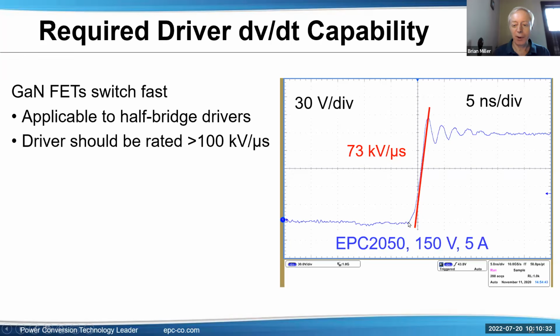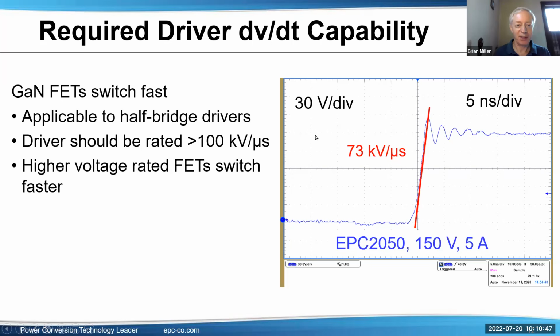Here's an example waveform with one of EPC's Gen 5, one of our newer FETs, showing 73 kilovolts per microsecond. So this isn't just theoretical, you really can switch these very fast. Higher voltage rated GaN FETs switch faster, more voltage in the same time, obviously.